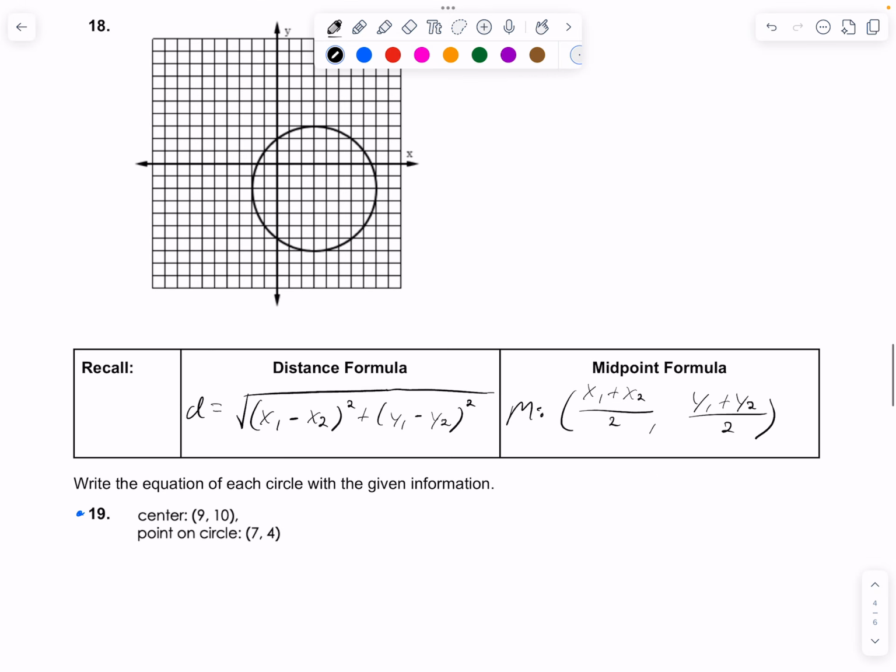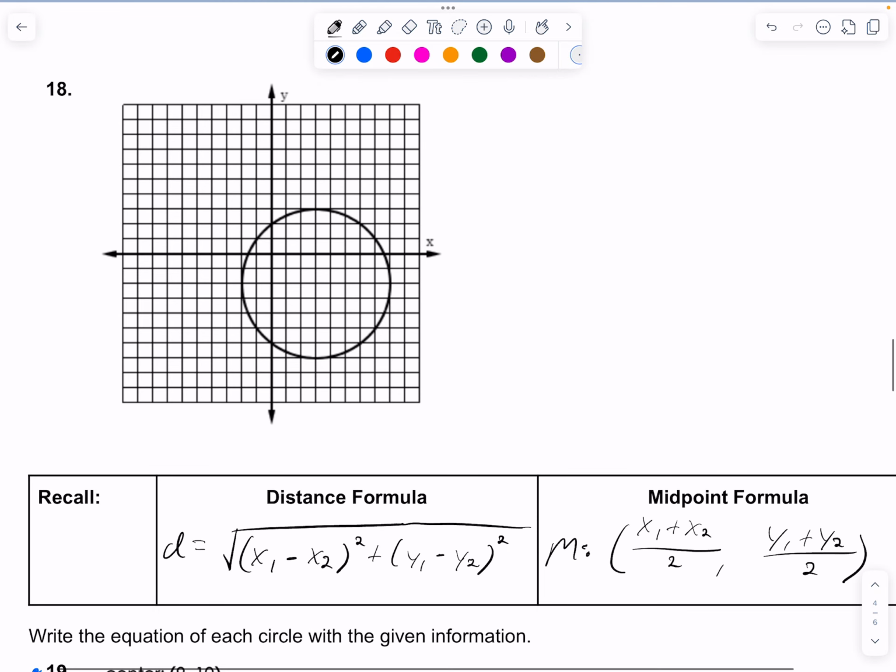Okay, now we can do 18 real quick. I didn't put a little blue dot by it, but we should do it just because it's the only one where you write it from a graph. So the center is right there. So that center as an ordered pair is 3, comma, -2. And then the radius is where I'm just going to count the distance. You can count any direction you want. 1, 2, 3, 4, 5.